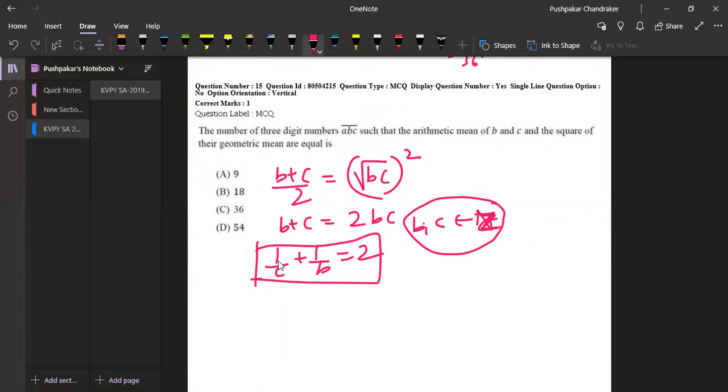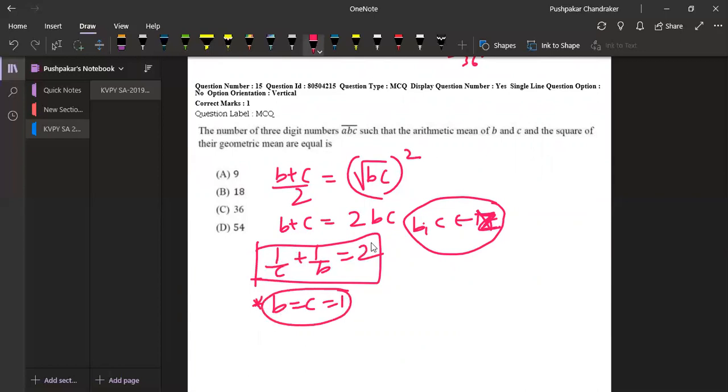Definitely the sum of two fractions cannot be equal to 2 if they are not 1. So I can directly say B equals C equals 1. This is the only possibility. For all other possibilities, the sum will be fractions.